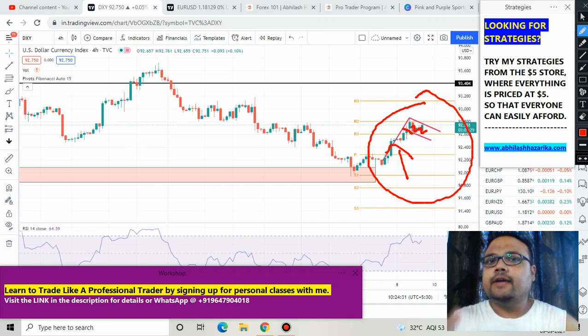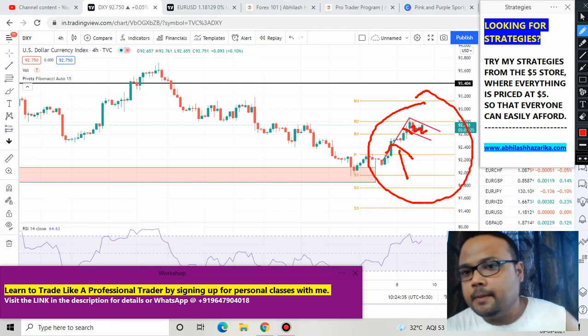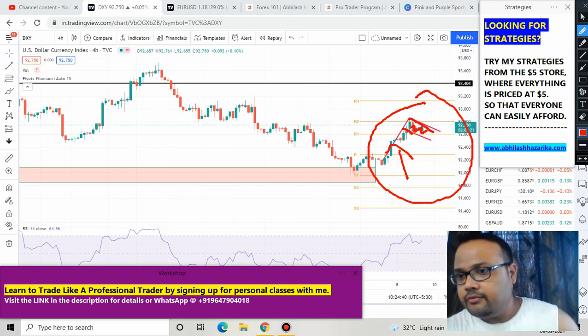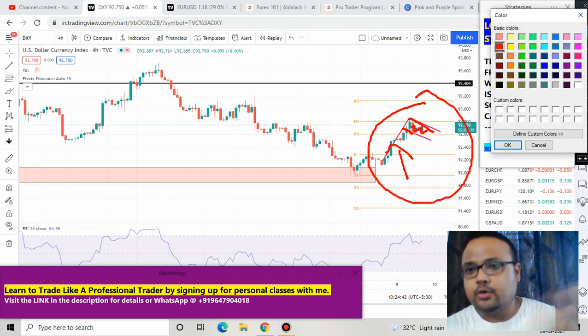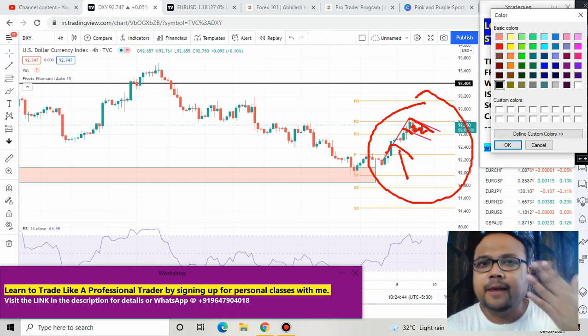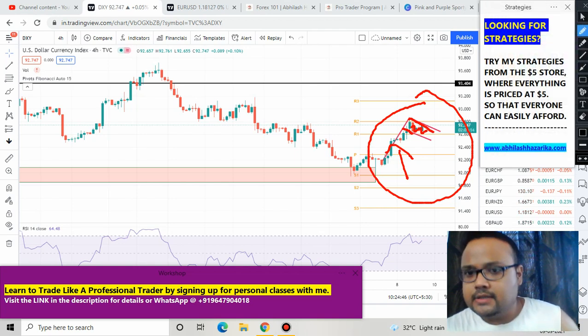But in the bullish flag pattern, there is always a good possibility that the market will break the flag here. So if the dollar starts going up again, and looking at the present bullishness and buying power of the US dollar, there is a possibility that the market will break this level.